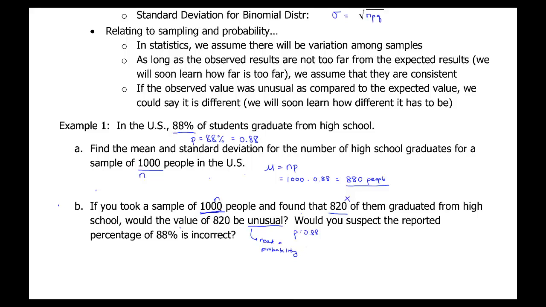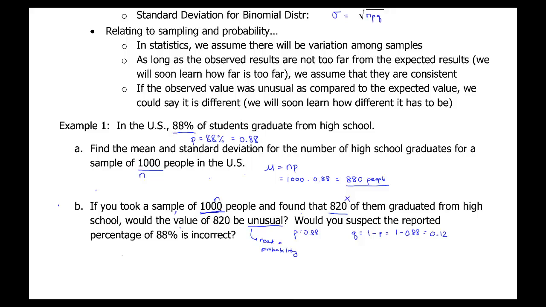So we're going to go back to our binomial probability formula. And you could use the one with the factorials. In that case, you would need q. So let's just do a quick reminder that q is 1 minus p, or 1 minus 0.88, which gives you 0.12. And you could plug all those numbers into the binomial distribution formula.